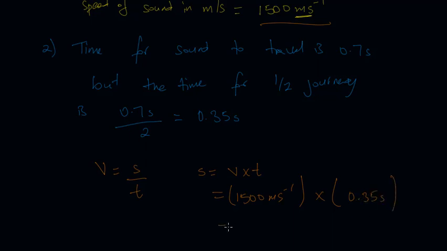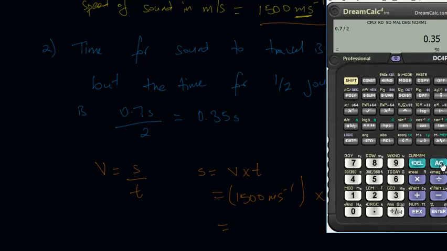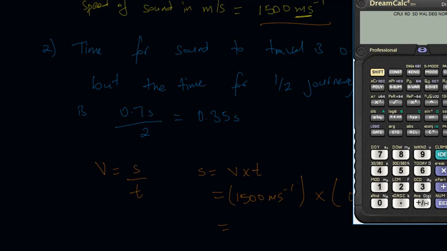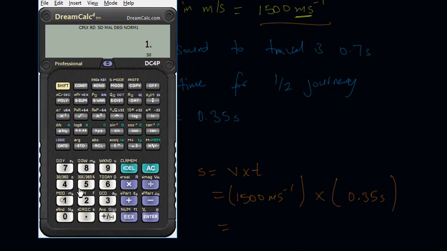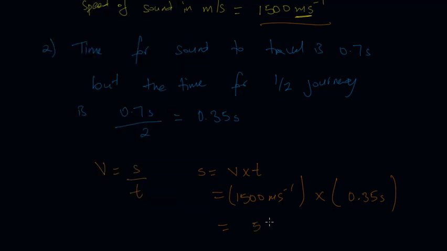So if we plug this in our calculator, we go 1500 multiplied by 0.35, and that works out to be 524 meters.